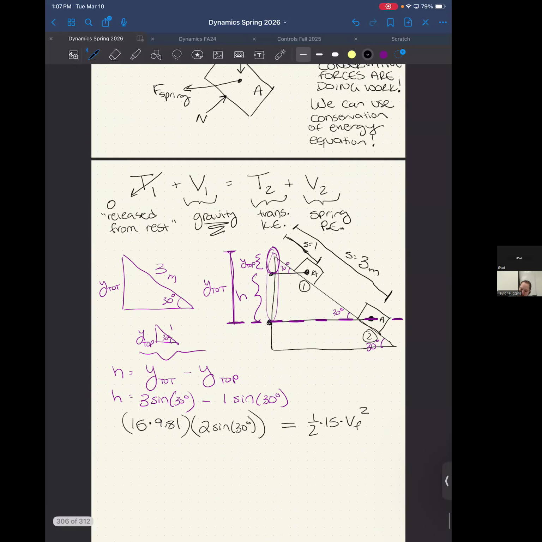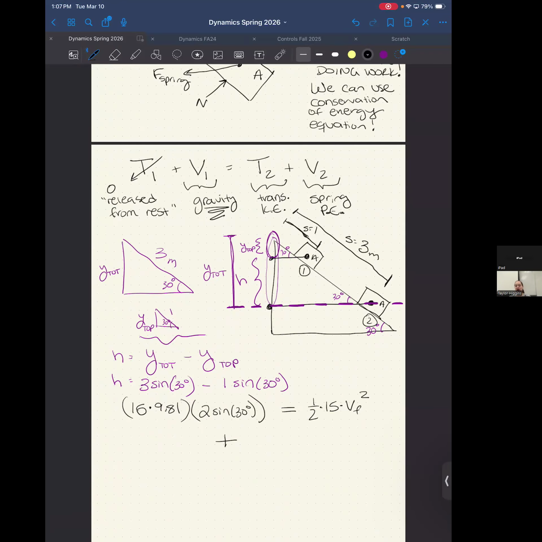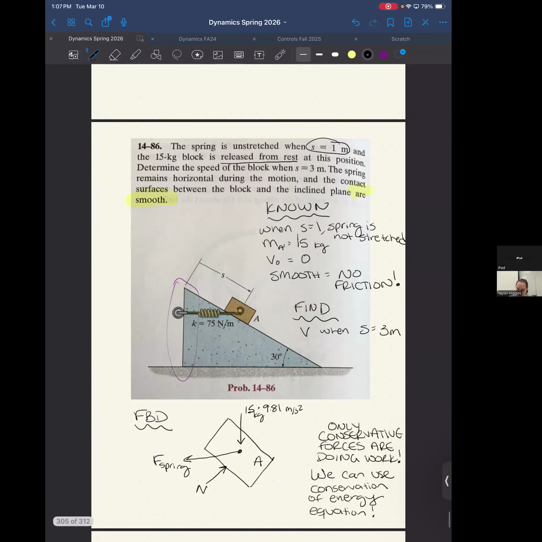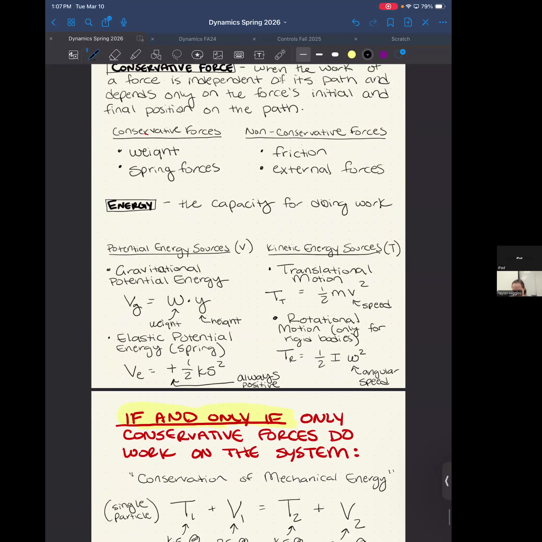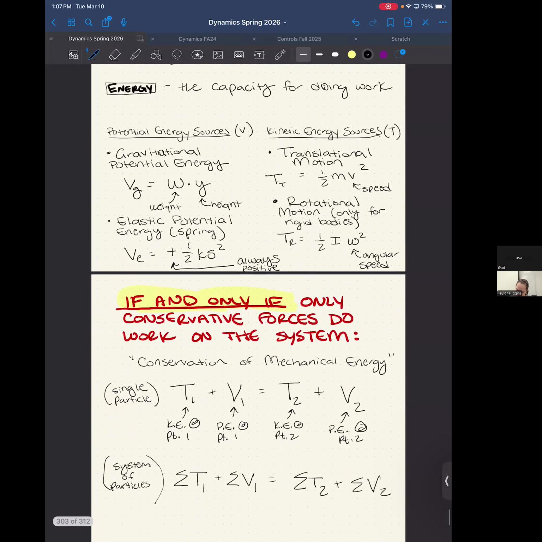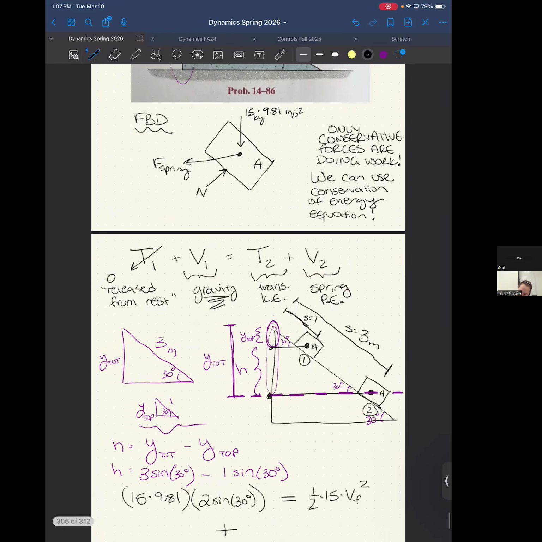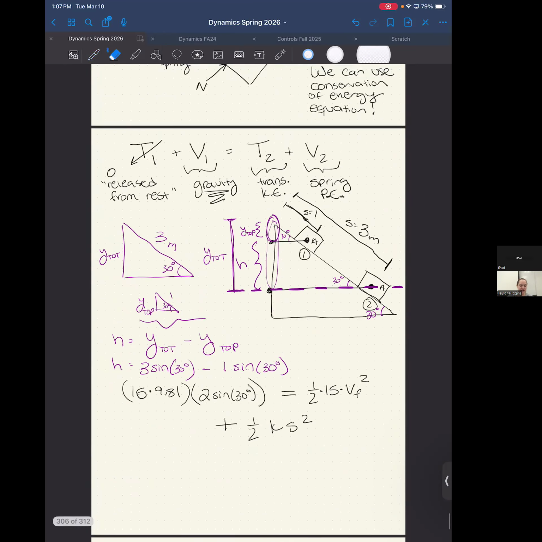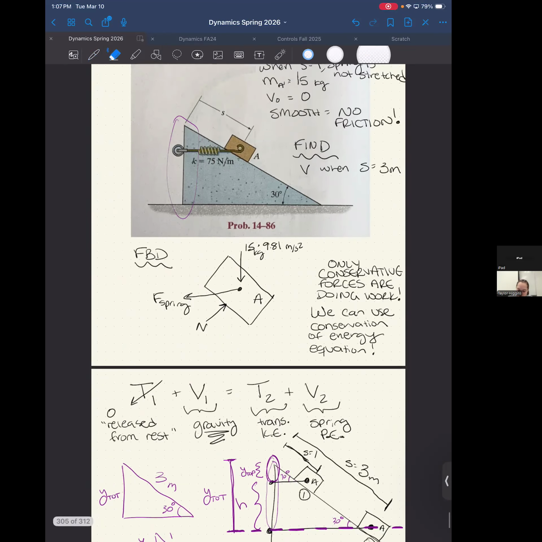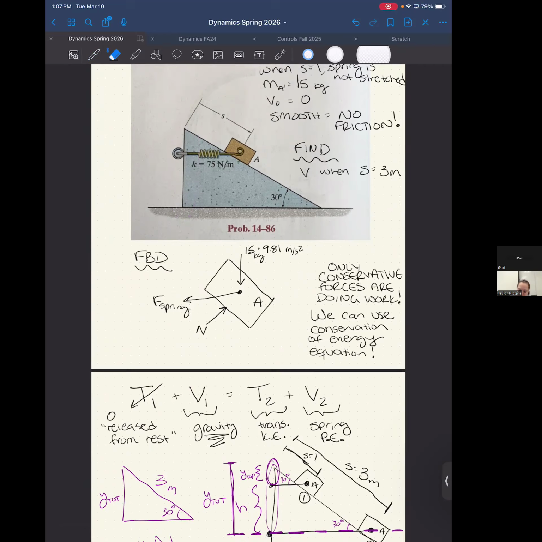Okay, and that's added with, I no longer have potential energy from gravity at point 2, but I do have some spring potential. Let's go back to my spring potential equation. I have 1/2 ks squared, where k here is the spring stiffness, which is 75 newtons per meter.